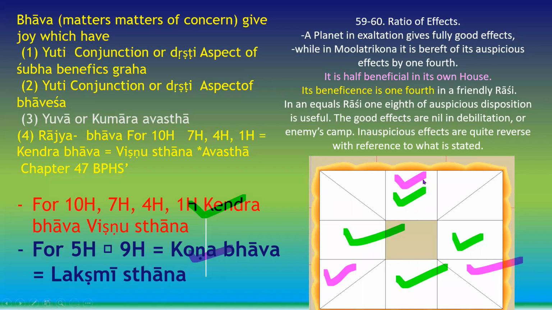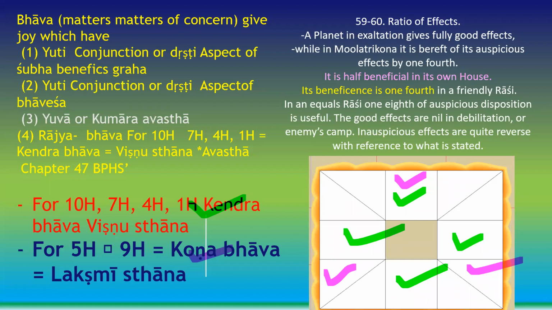The second house becomes Taurus, so the bhavesha for the second house is Venus, and to an extent the moon as well, because Taurus is the mul trikona sign for the moon.